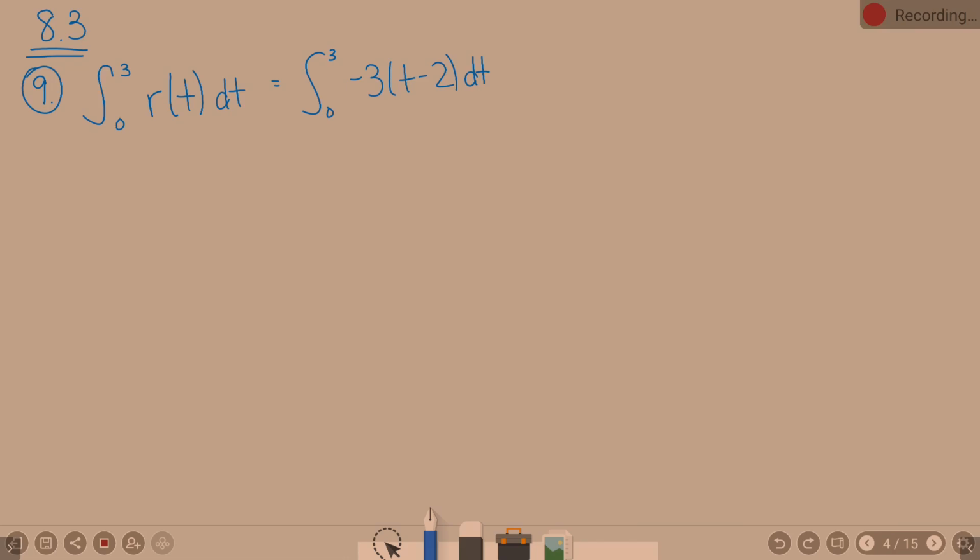We could distribute. One option would be to distribute the negative 3, and then you're integrating negative 3t plus 6. You can do the u, but you don't need the u. My other option is negative 3 is a constant that's being multiplied. If you don't want that negative 3 in there, you could move it out in front, and you just have to multiply everything by negative 3.